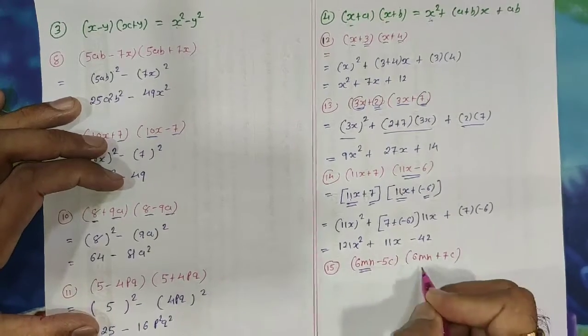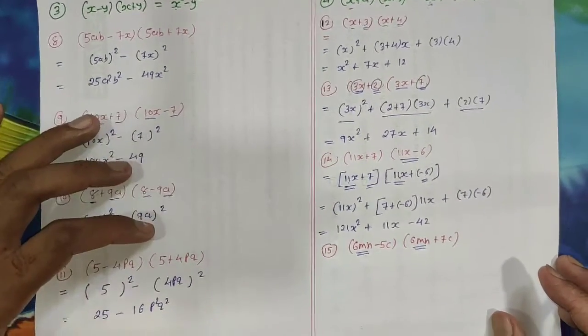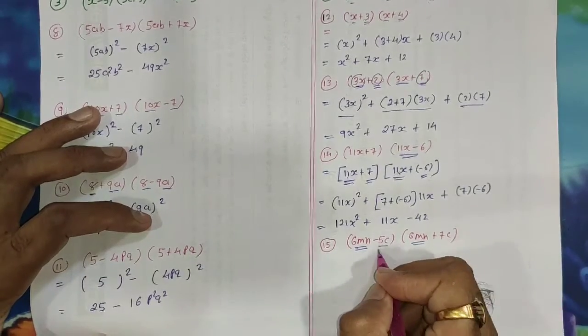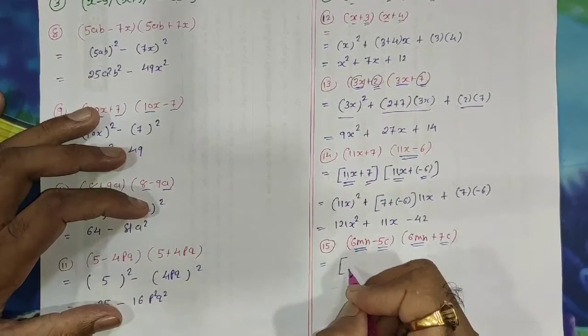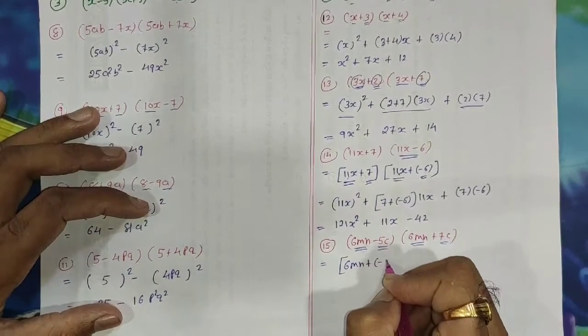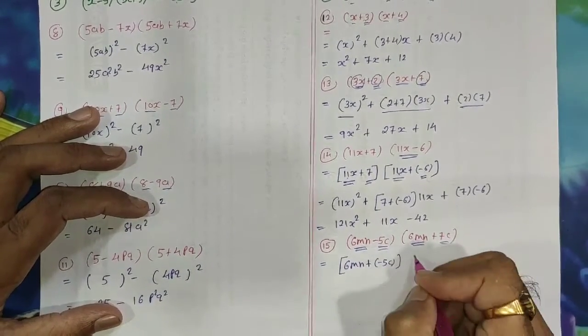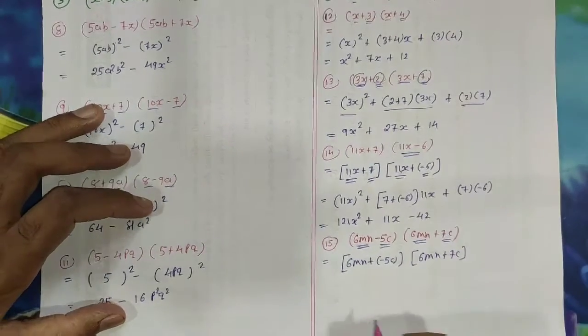So this is our x, which is the common term between both of the binomials, and the value of a is minus 5c and b is 7c. So first we have to write this term in terms of plus sign, so it's 6mn plus minus 5c, and this one is 6mn plus 7c.